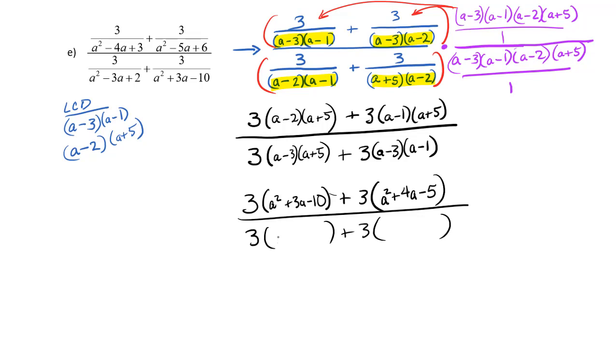A minus 3 times a plus 5 is a squared plus 2a minus 15. And a minus 3 times a minus 1 is a squared minus 4a plus 3.